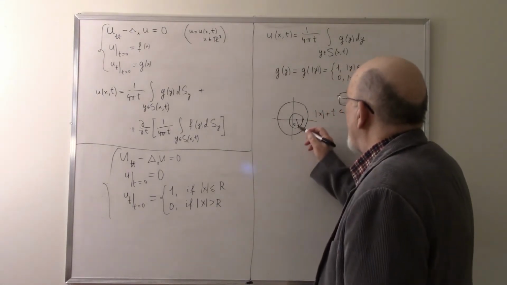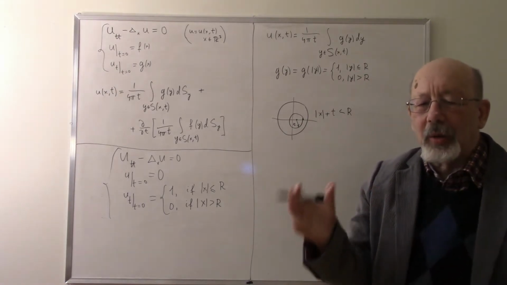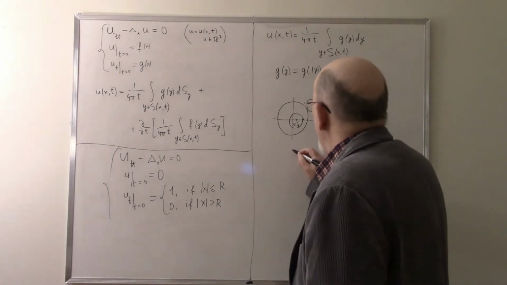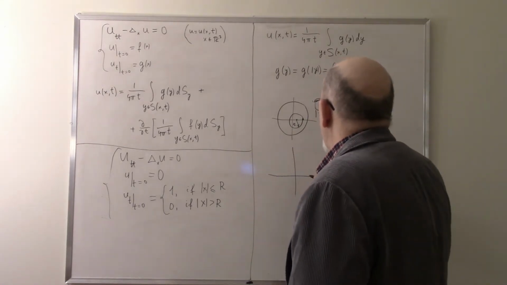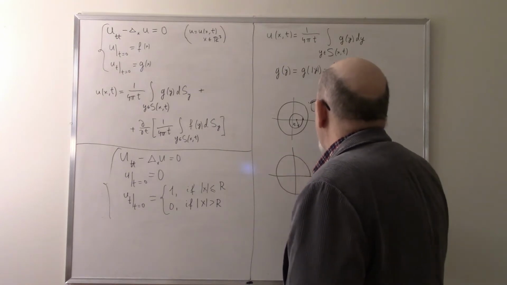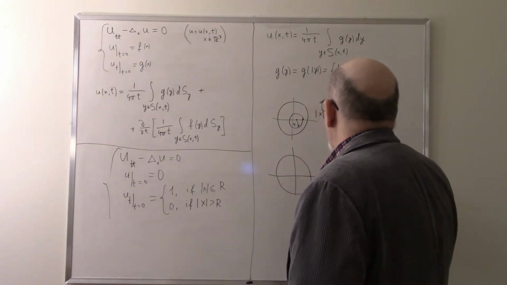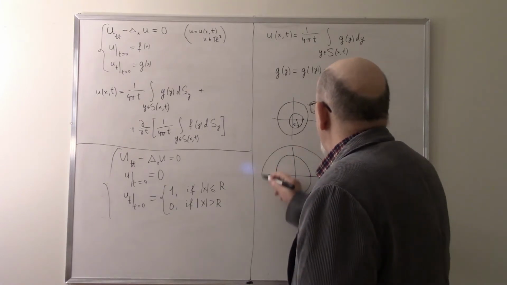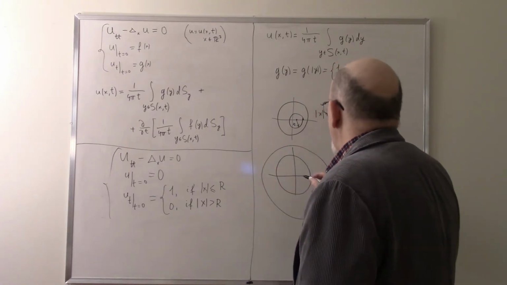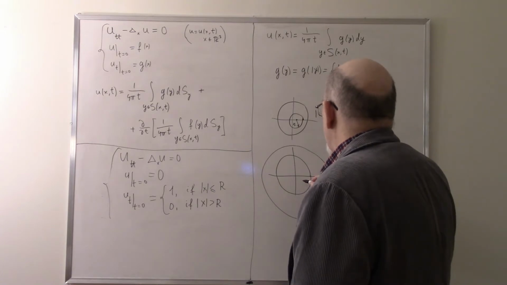The sphere can be outside. So this is our ball of radius r, and the sphere can be like this. So the center is somewhere here.